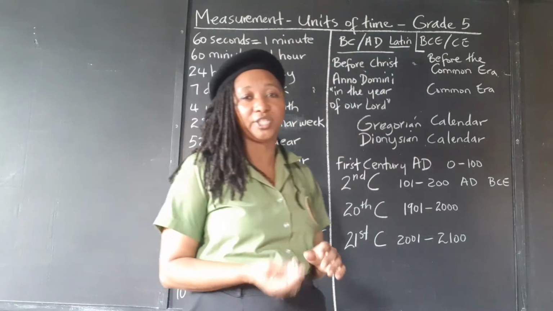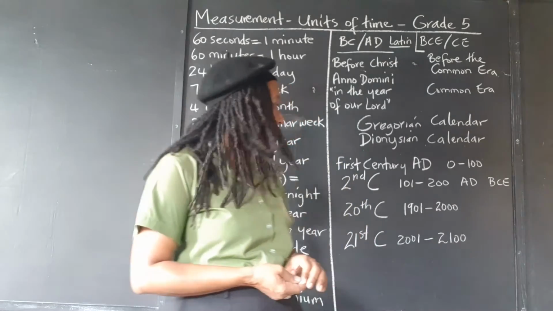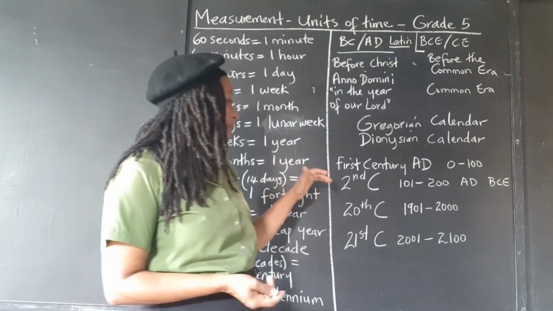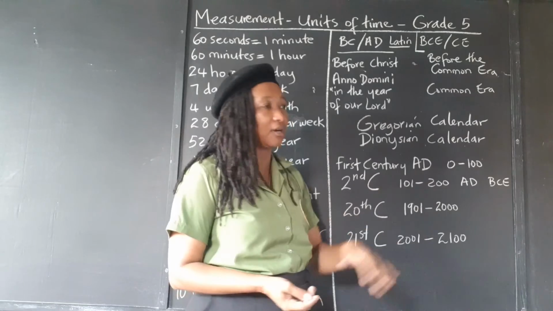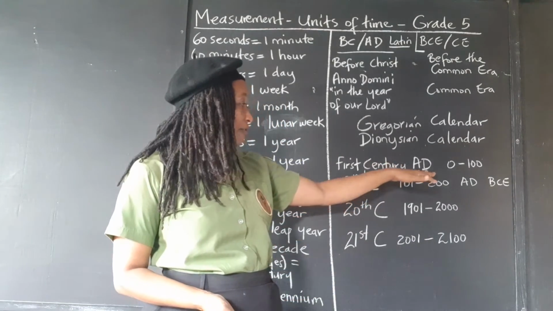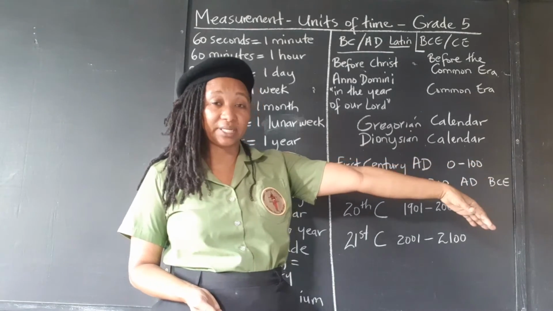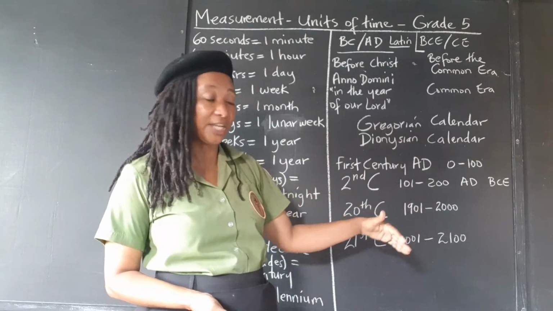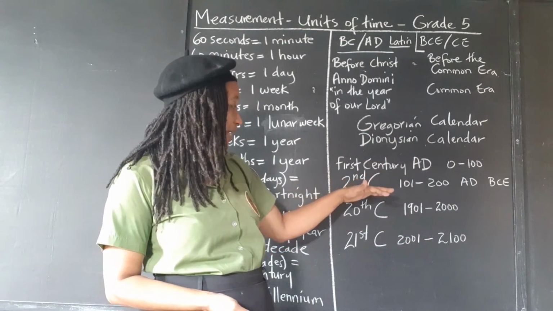To avoid the religious references. Okay, so when we speak of the 1st century AD, we're talking about the years from 0 to 100 of the 1st century following the death of Christ.